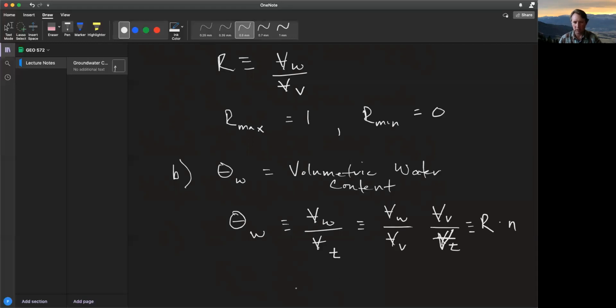So what is our max theta sub water? Well, we can have all available pore space full of water. If that's the case, then our volume of water will be equal to our volume of void space, and we will end up with the volume of the voids over the volume total.